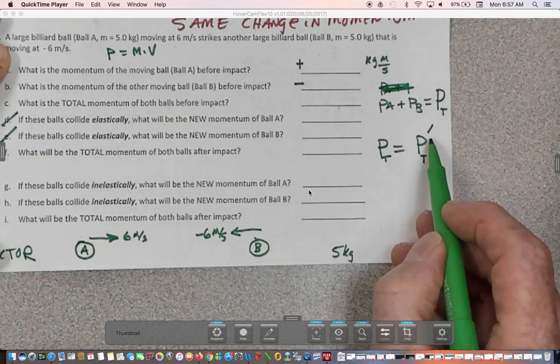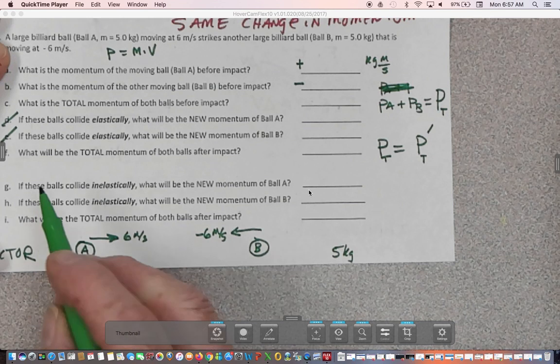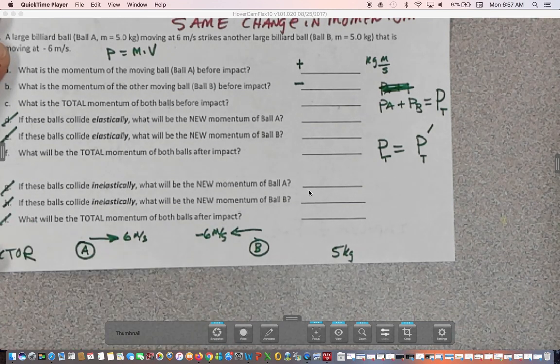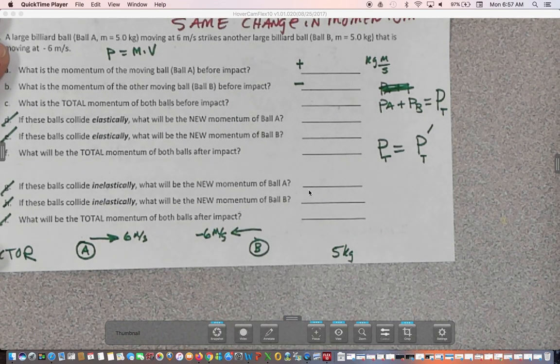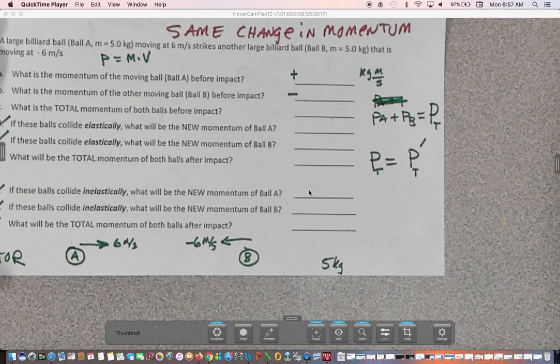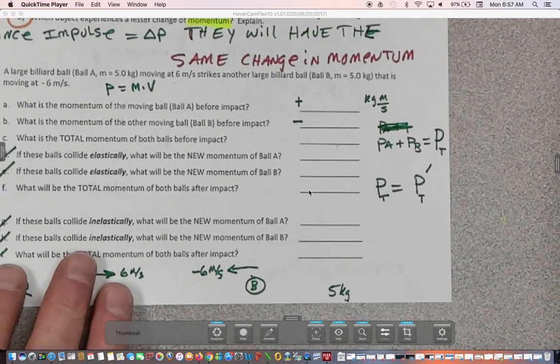That symbol up here means after. These statements here I'm going to ignore because we're not going to calculate something quite that complicated right now. For now, you finish this, and this is a worksheet, and hopefully you've kept up on the notes.